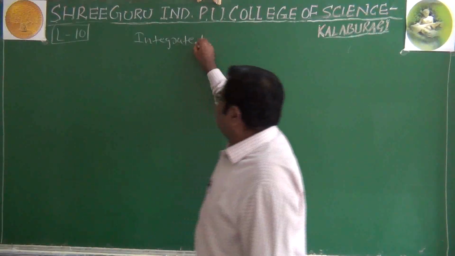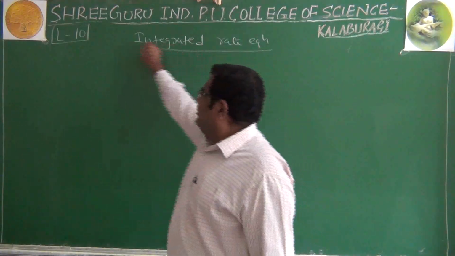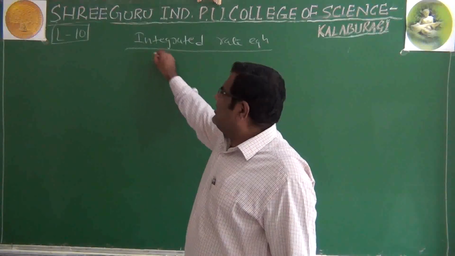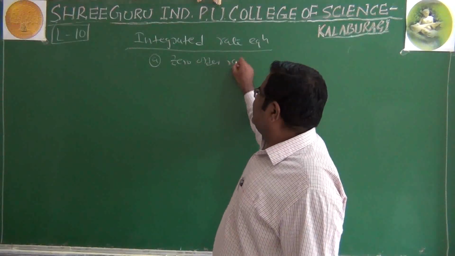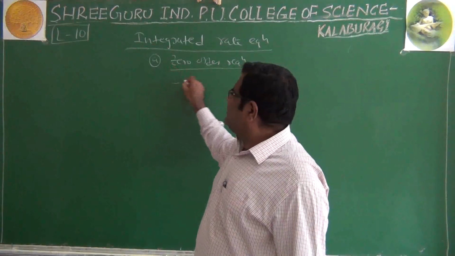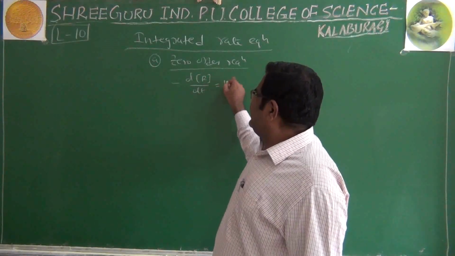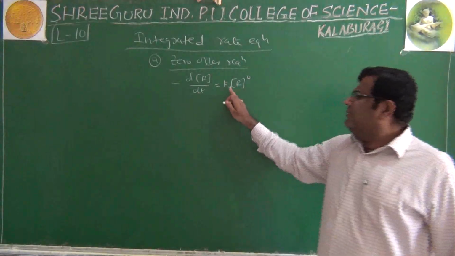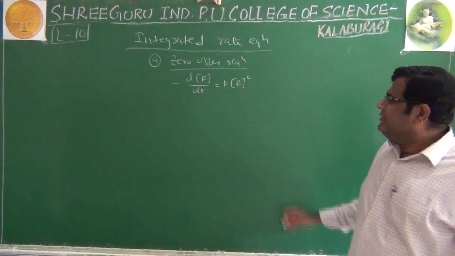I will not write it once again now, because you might have practiced it in the last class. For zero order reaction, only the final equation I will write. For zero order reaction, we started with this differential rate equation: rate equals K, the rate constant, times the molar concentration of reactant raised to 0, because it is a zero order reaction.